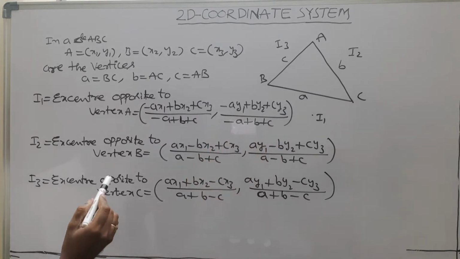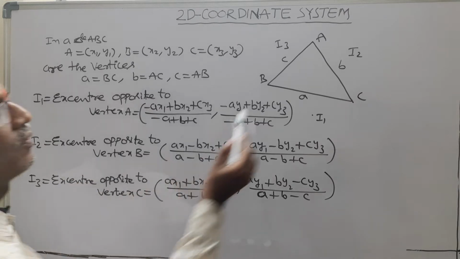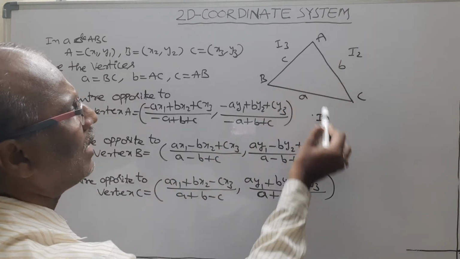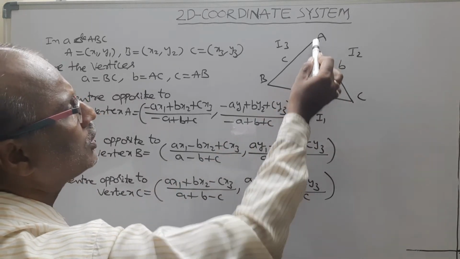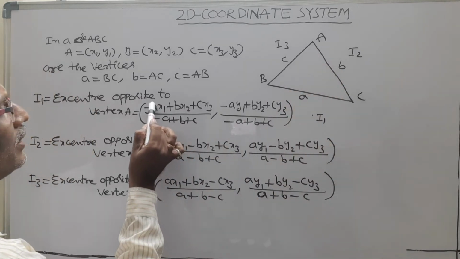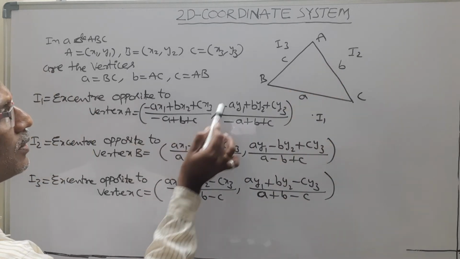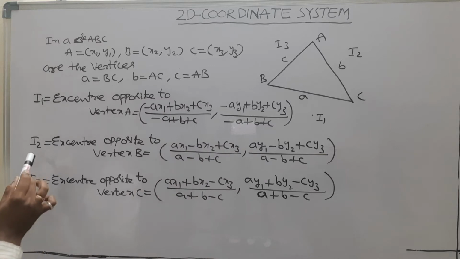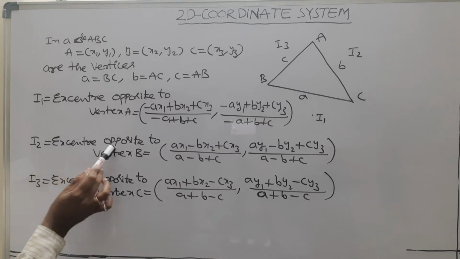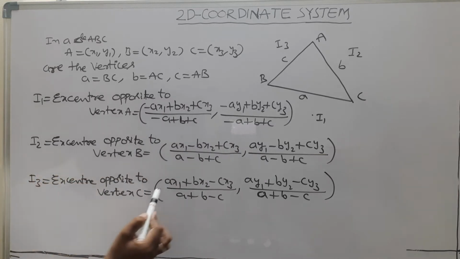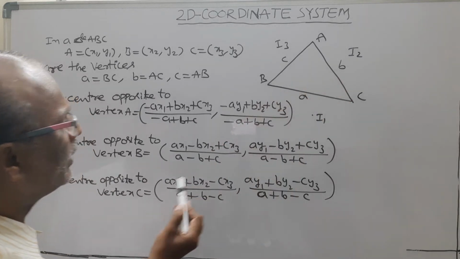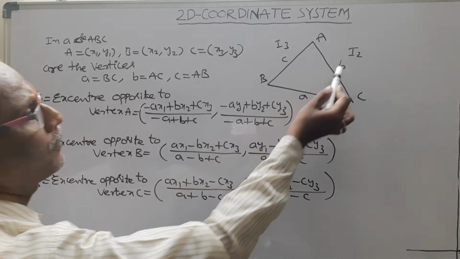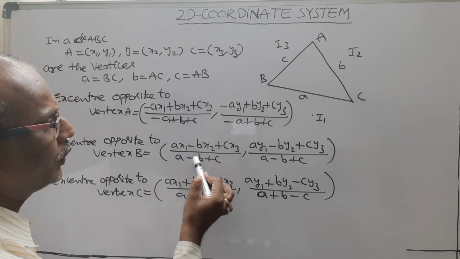Observe this formula: I1 is the excenter opposite to vertex A, and the side a is negative. Similarly, I2 is the excenter opposite to vertex B. Here the side b is negative.